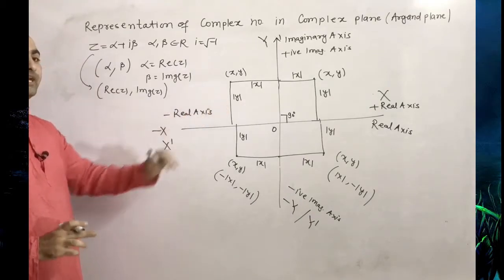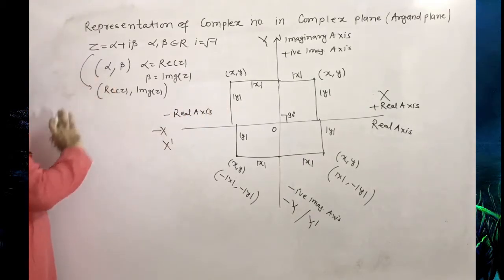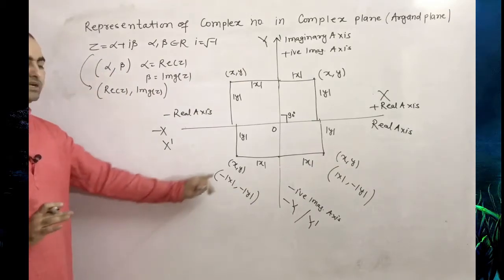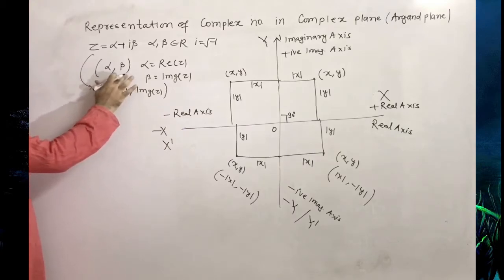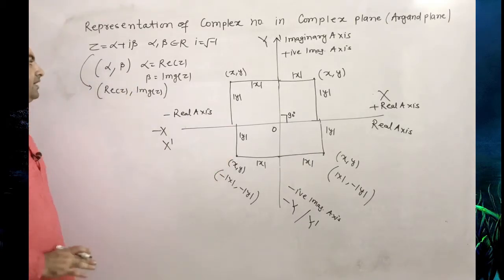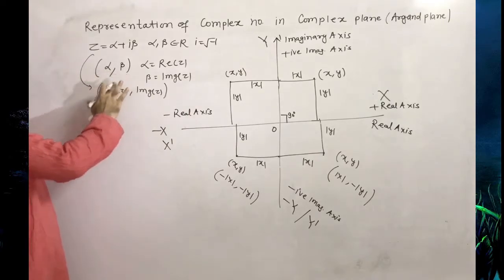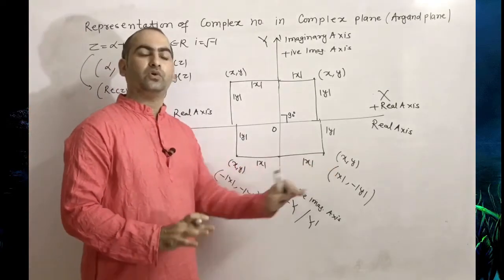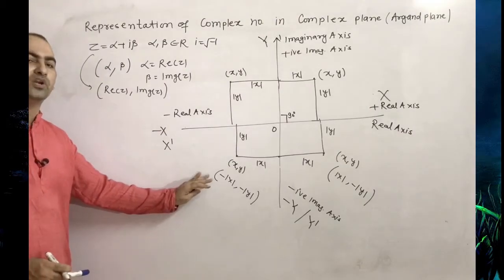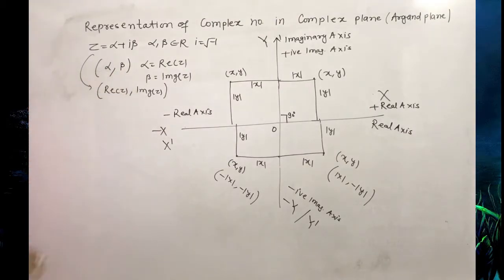Okay, so in second quadrant, x coordinate is negative, and y is positive. If alpha and beta both are negative, so it will come in third quadrant. And if alpha is positive, beta is negative, so it will come in fourth quadrant. So कोई भी complex number होता है उसे हम denote कर सकते हैं in this plane as an ordered pair alpha comma beta.